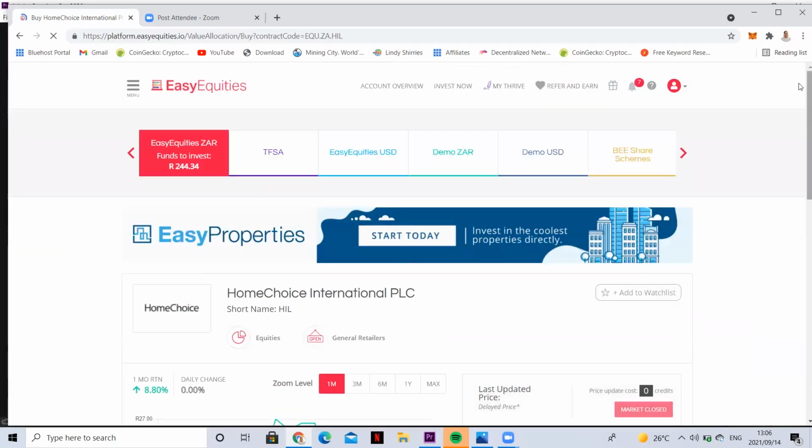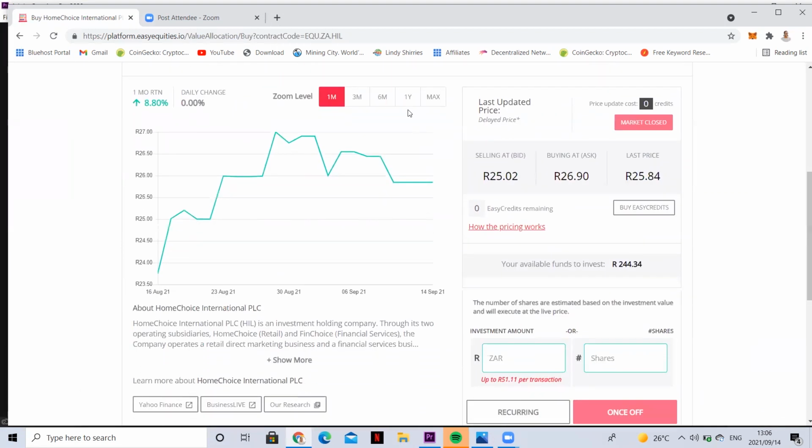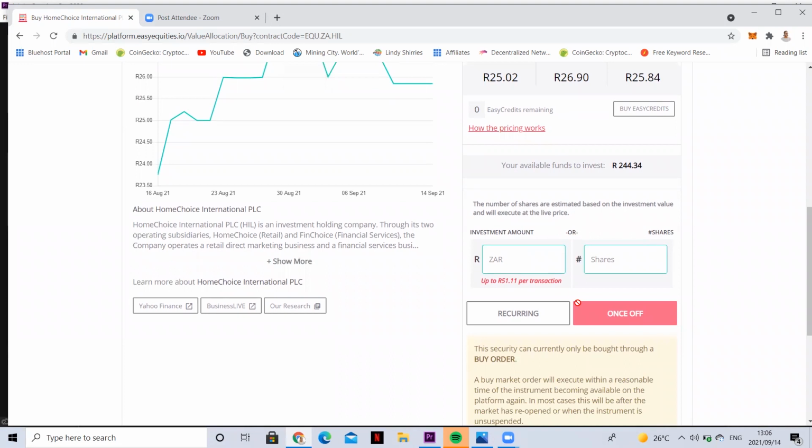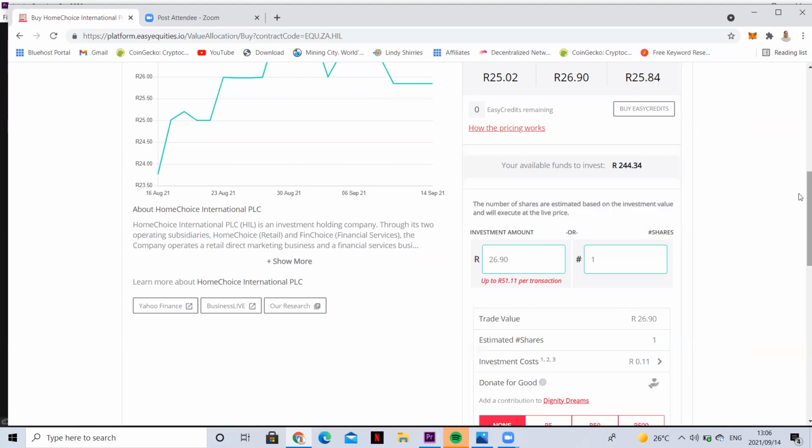So I'm just going to buy from Home Choice. I only thought it sells your duvets and your pots, but now I realize it sells even more, because I actually went deep and read about it and saw it even offers loans. So it's also an FSP, which is a financial institution. So I'll just get myself one.